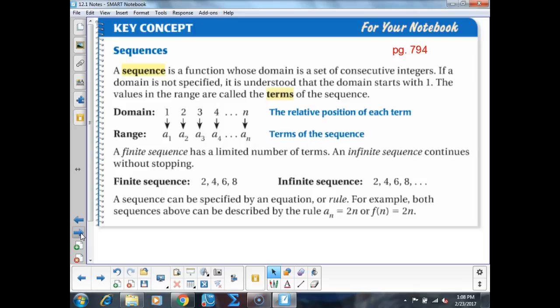In that first paragraph, a sequence is a function whose domain is a set of consecutive integers. It starts with 1 and it goes until the sequence is done. That's the domain of the sequence. Those are the term numbers.